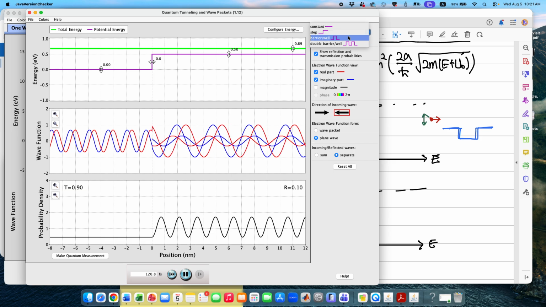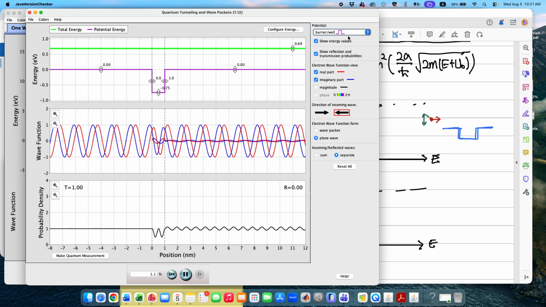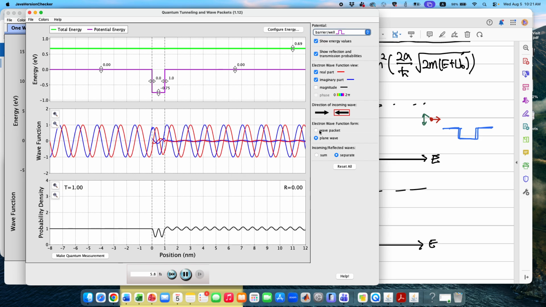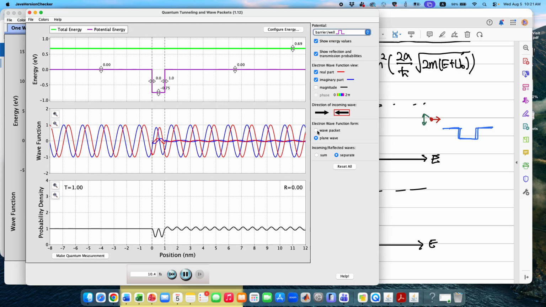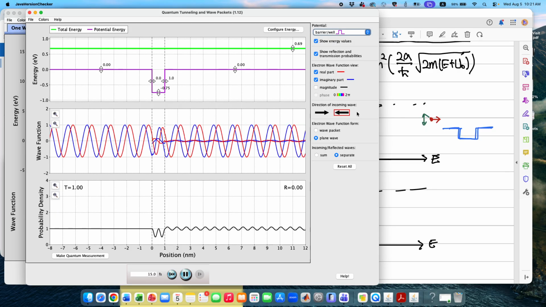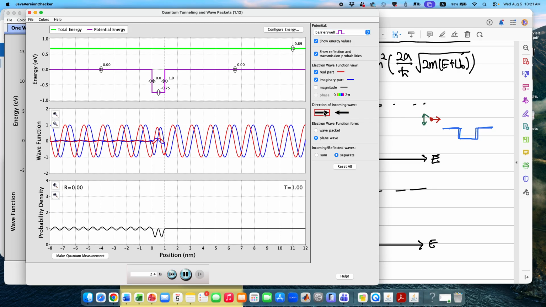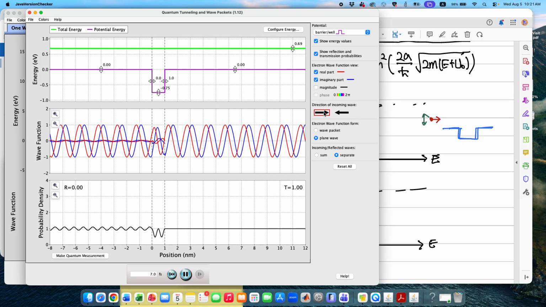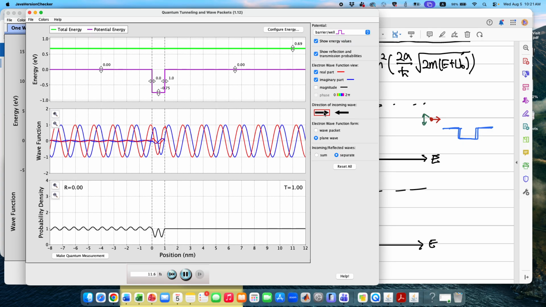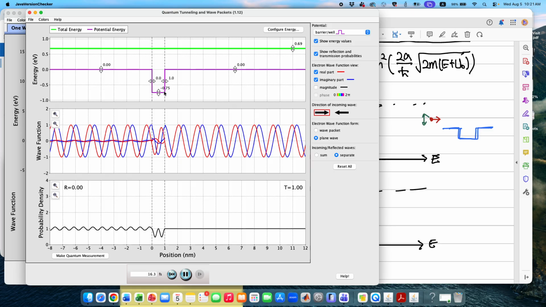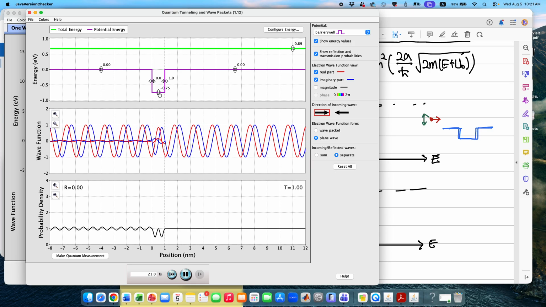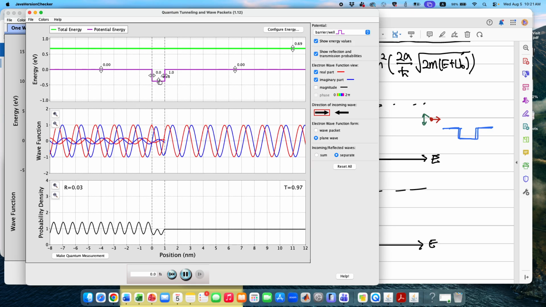Okay, barrier wall. If I come back to this barrier wall here, let me move the particle again, going back to the particle direction, moving from left to right. So what if I flip this potential wall height here?